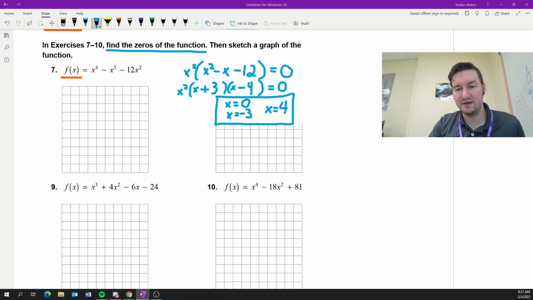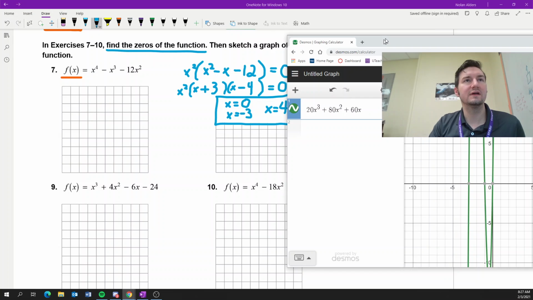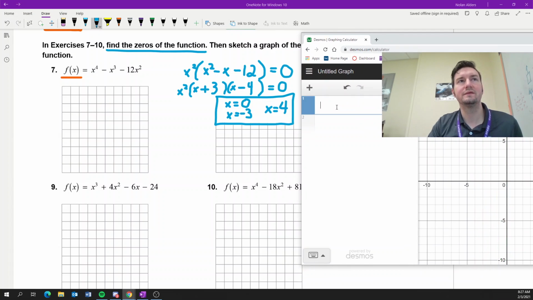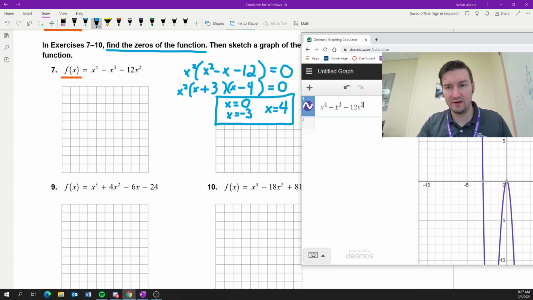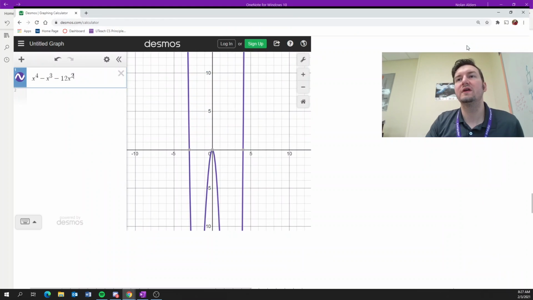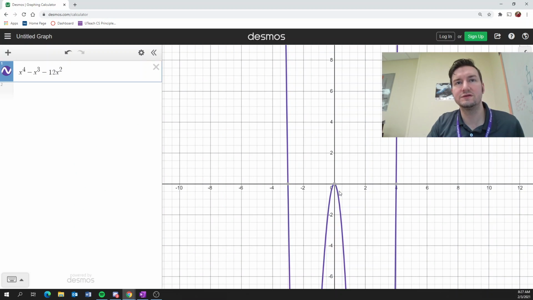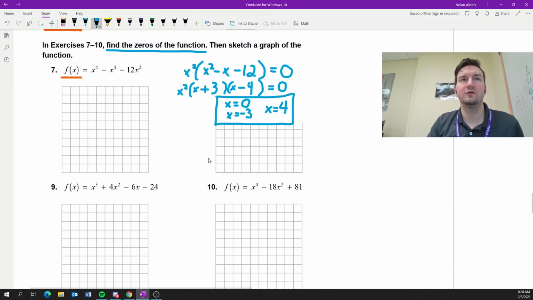And again, we can check it using a graphing calculator and see where it crosses the x-axis. So we have x to the 4th minus x cubed minus 12x squared. And we can see we have solutions at negative 3, 0, and 4. Negative 3, 0, and 4.